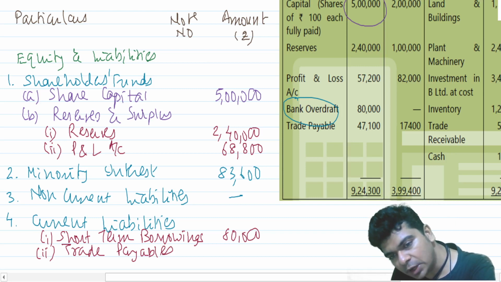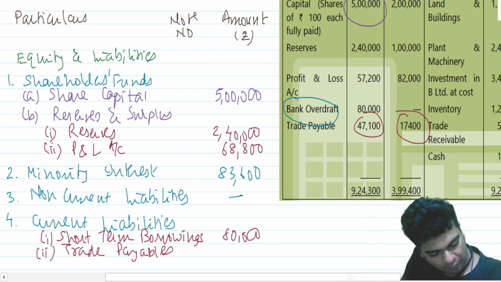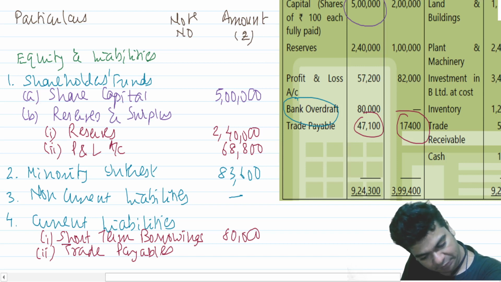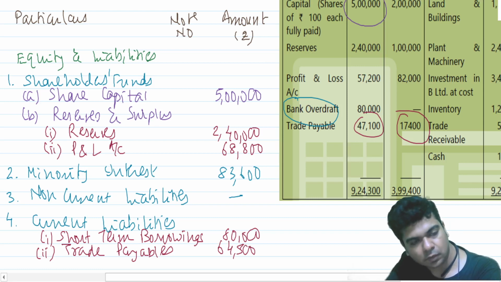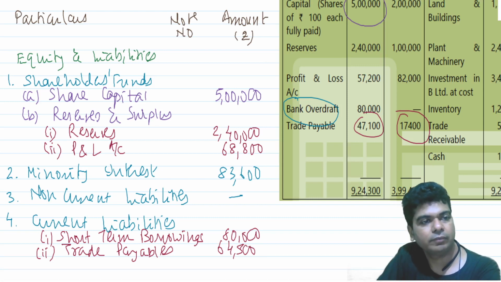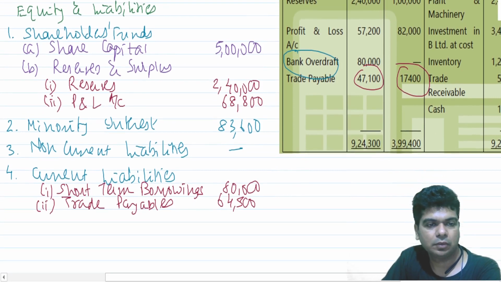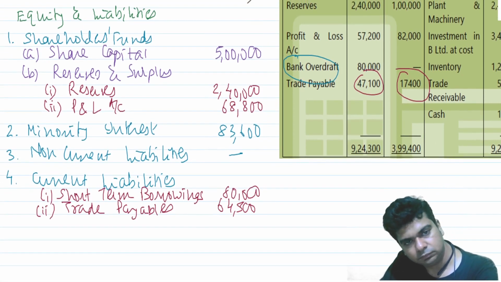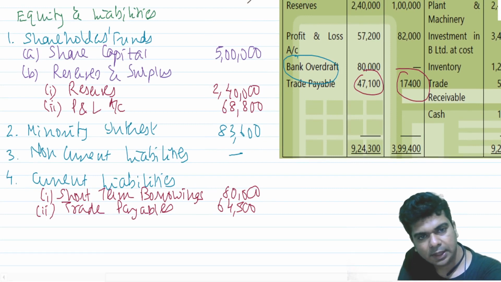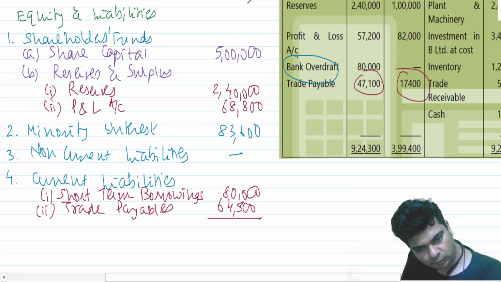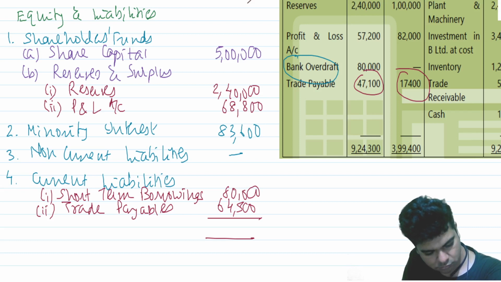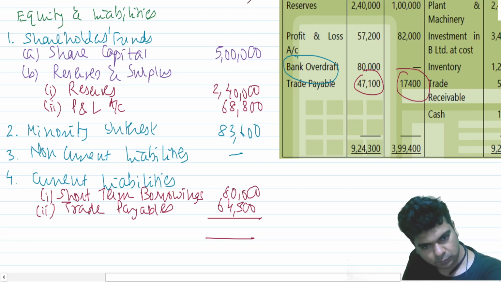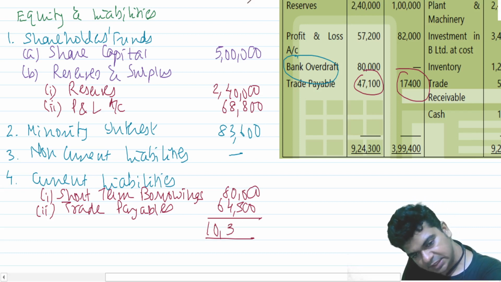Finally the time to do line by line addition: 47,100 plus 17,400, 64,500. I can get the total now, 1,036,900.